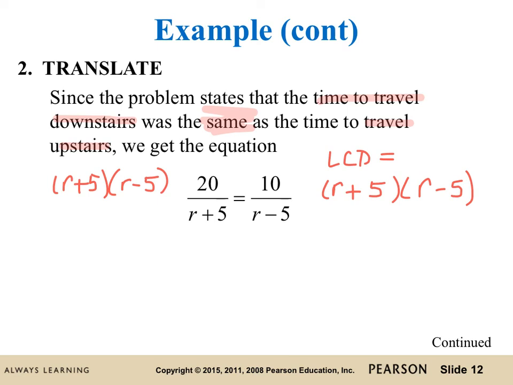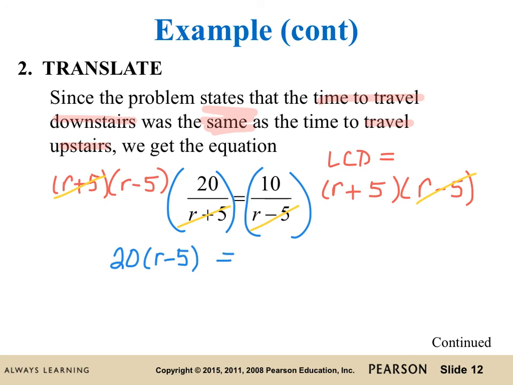And we're going to multiply the left-hand side by the LCD and the right-hand side by the LCD. And on the left-hand side, the r plus 5's cancel. And on the right-hand side, the r minus 5's cancel. So here's what we have left. 20 times r minus 5 is equal to 10 times r plus 5.